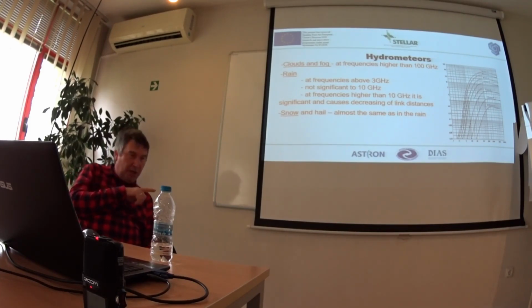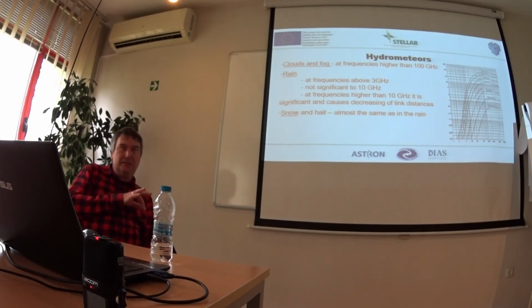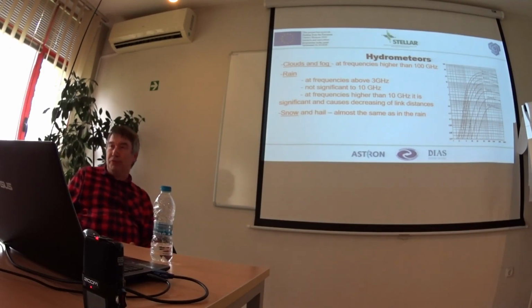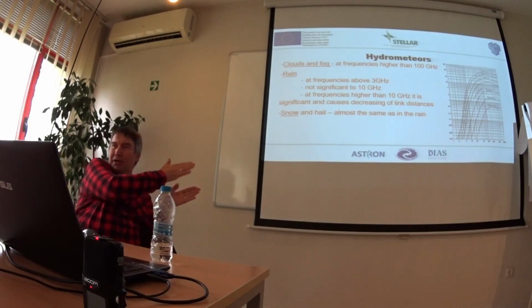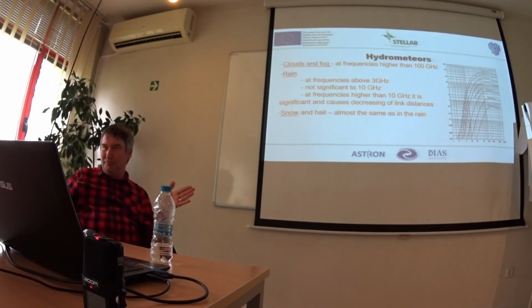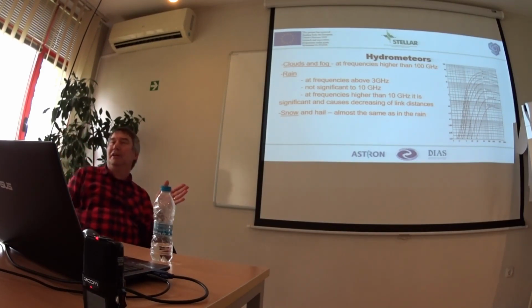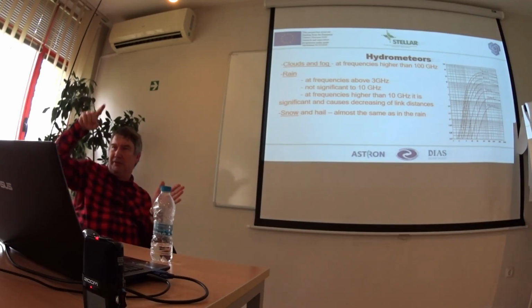And attenuation due to rain is max maybe 10 decibels, and this is 1 order. Very small in comparison with the free space loss, because the distance is 36,000 kilometers to the satellite from the equator.